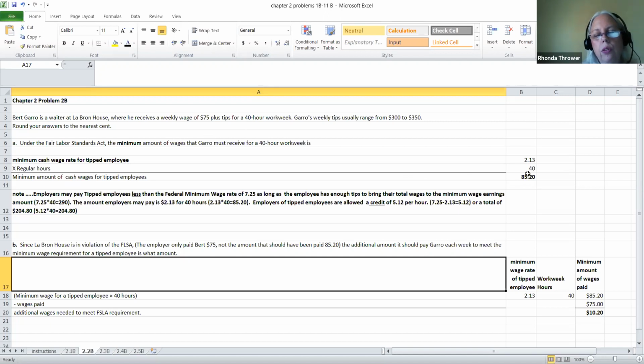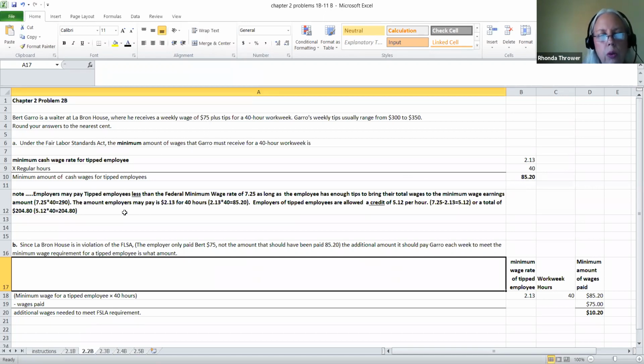So $2.13 times 40 hours is $85.20. That's the minimum amount that he should have been paid. Notice in this problem that the employer was paying him $75 plus tips. So they are in violation of the Fair Labor Standards rule.